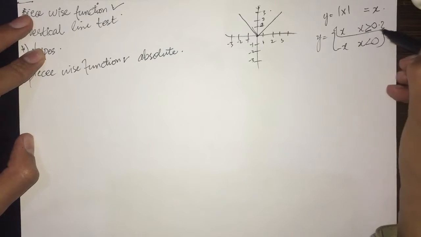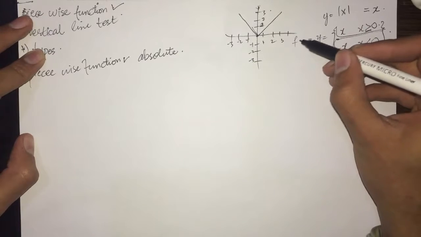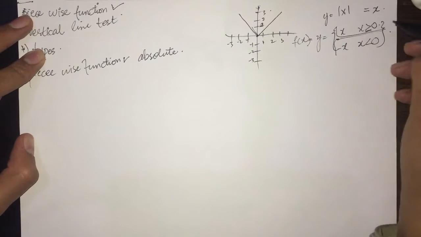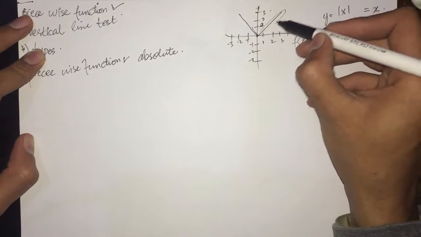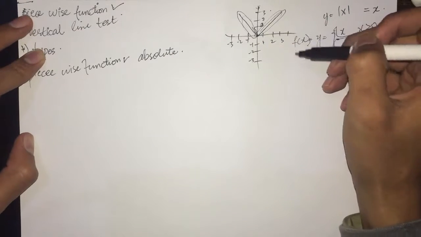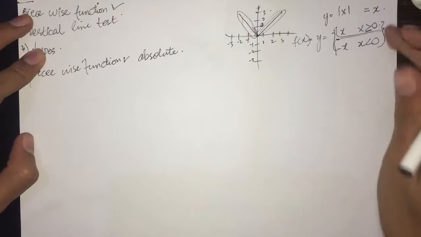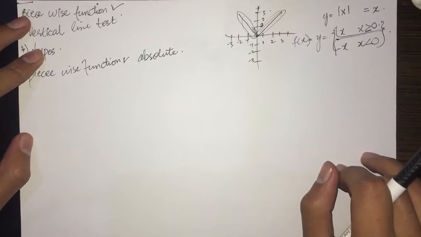This is one piece and this is another piece of this function y, which is f of x. So that is why we call it a piecewise function, because this is one piece of the graph, this is another piece. So there are two pieces of this function. Now how to graph a piecewise function?